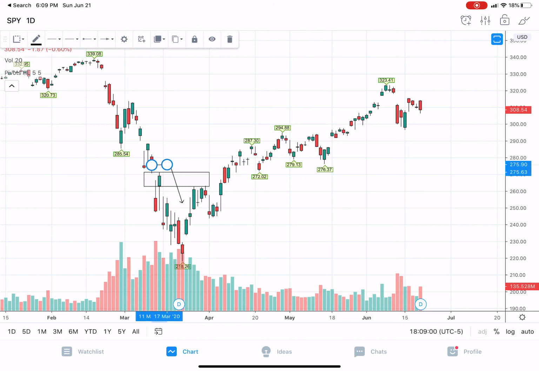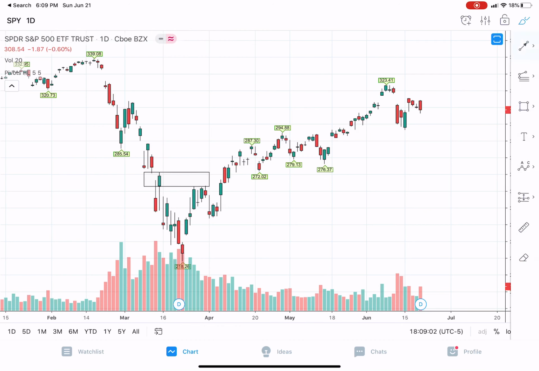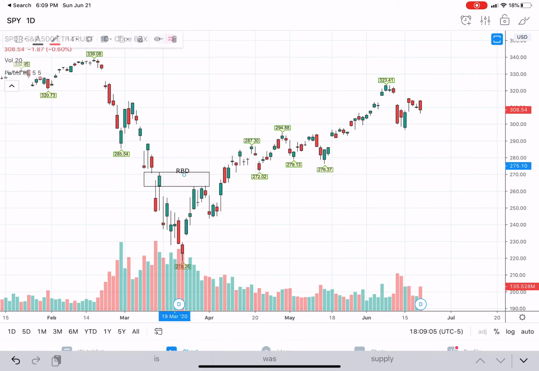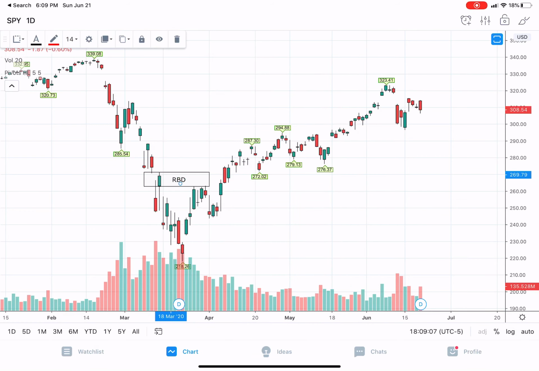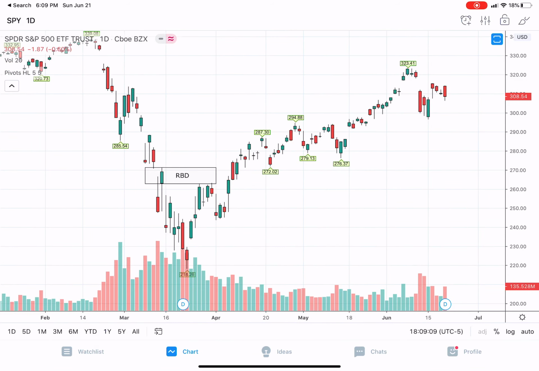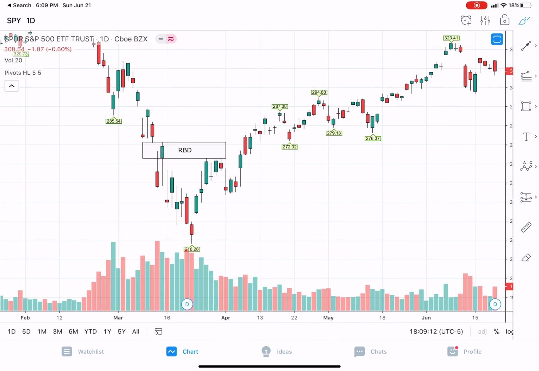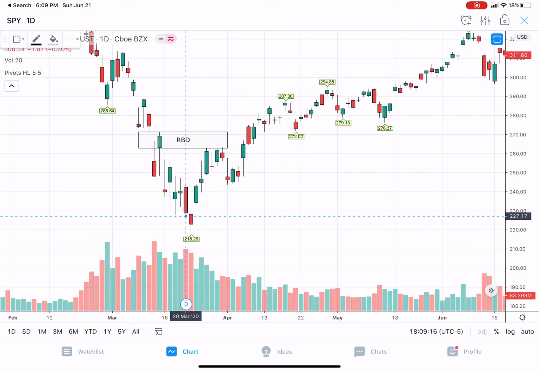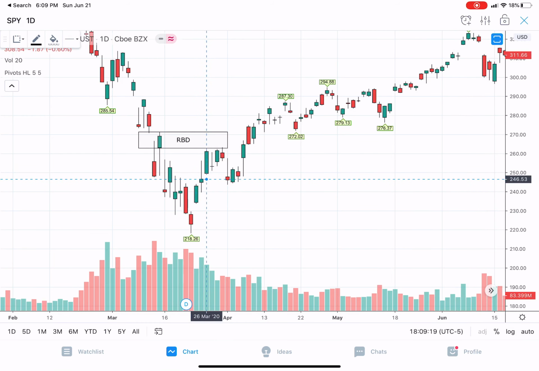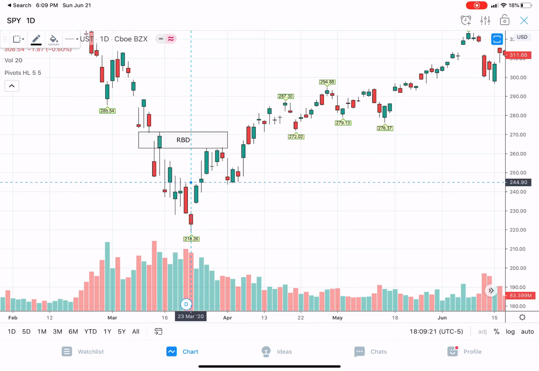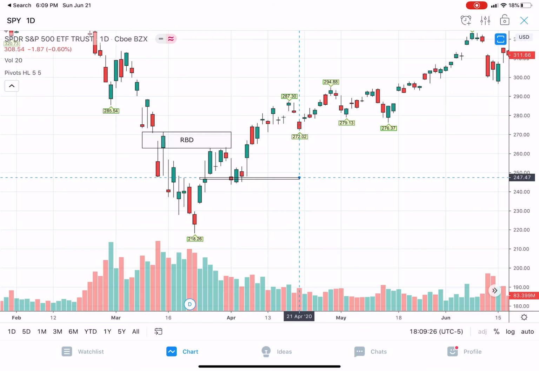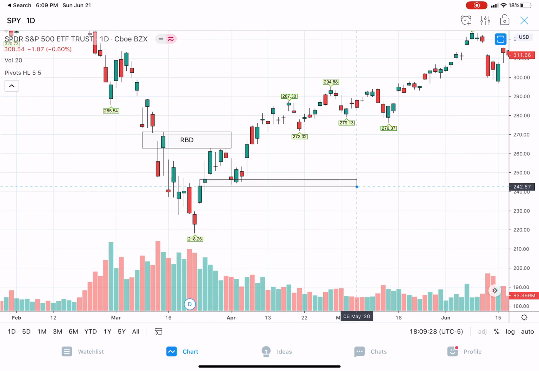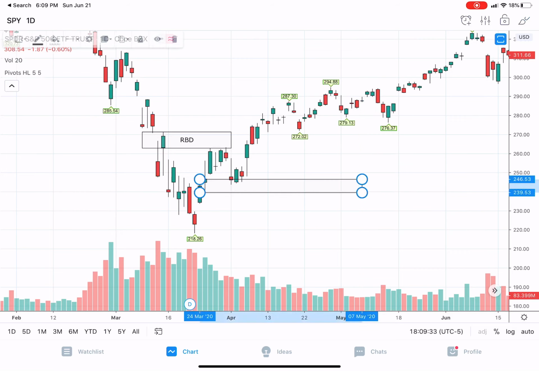Let me make some notes so we are on the same page. I'm going to put RBD, rally base drop. And then over here we have demand right here. We have a rally base rally. Look at these events and how the market is moving from sell orders to buy orders.